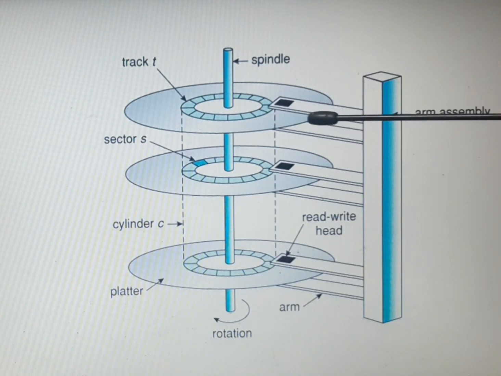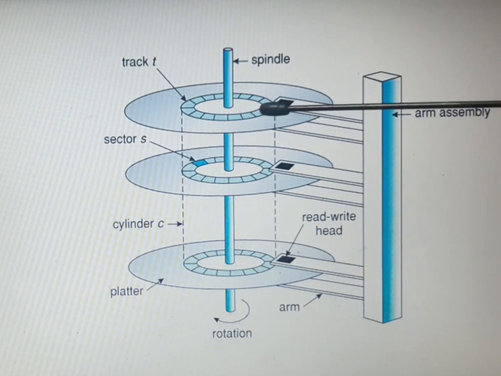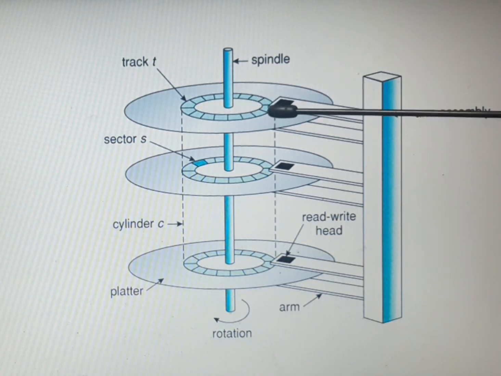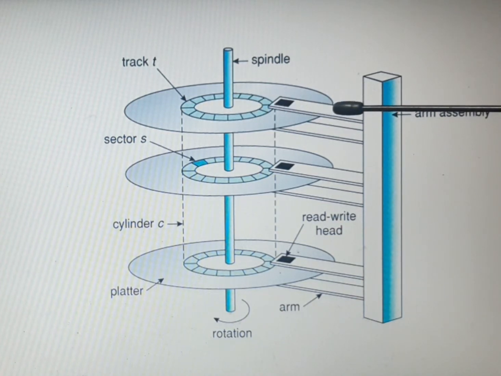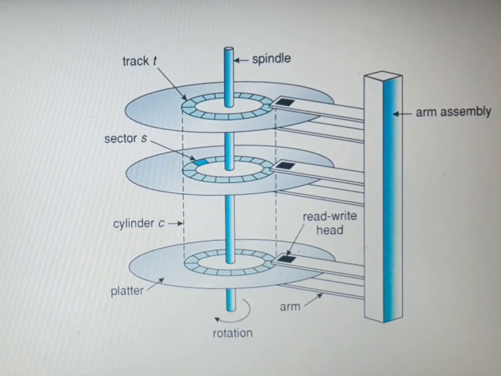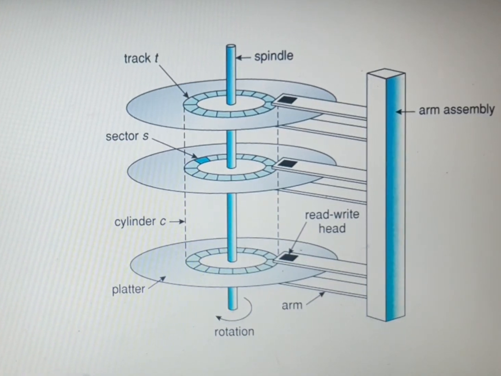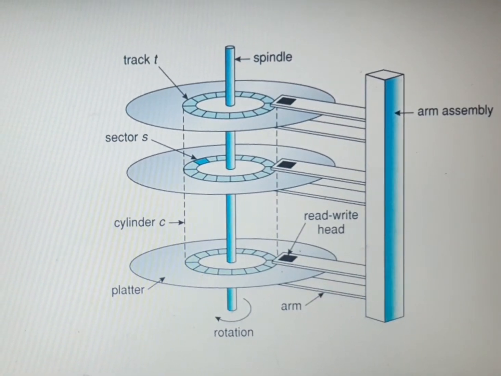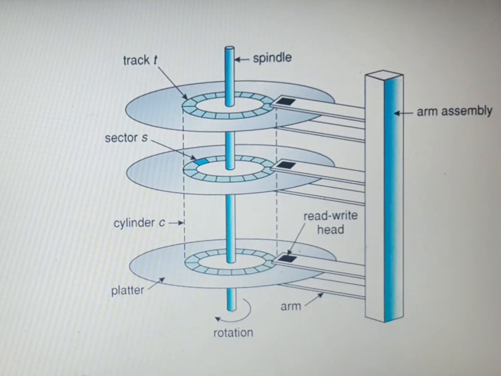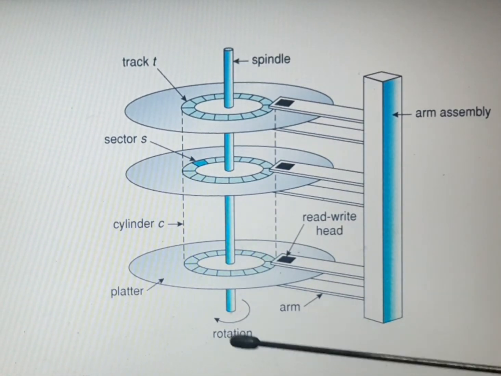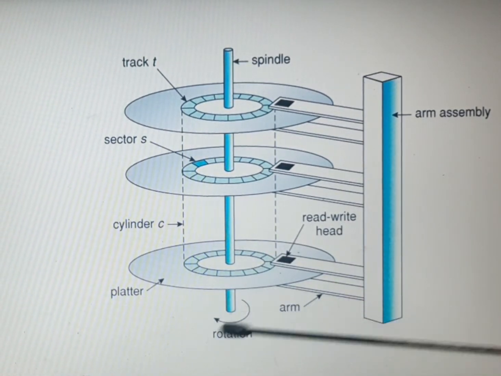If it is going forward, it goes to the nearer track and sector. If it is moving backward, it comes to the last track and last sector. This is how the disk structure is. The spindle rotates every time.